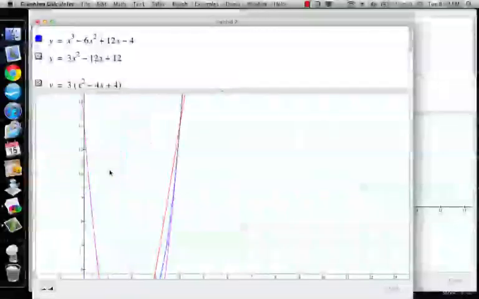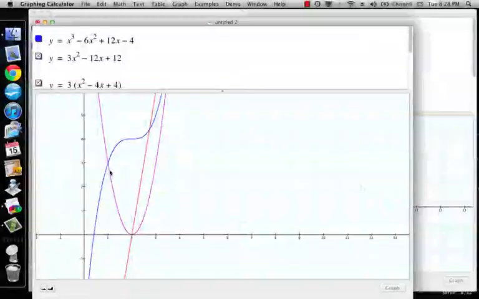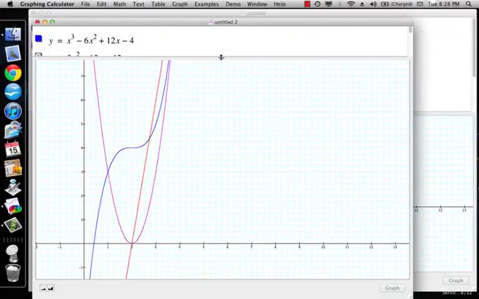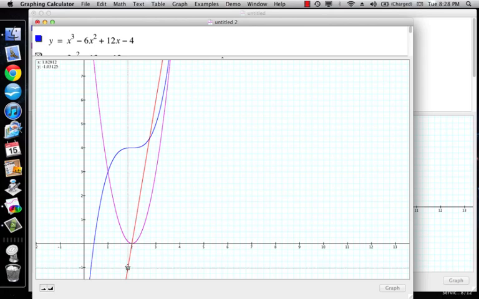Let's scroll back down and look at our function. The blue is our function, the pink is the derivative of the function, and the red is the second derivative. Where the red is negative, the blue line is frowny face, so it's curving down. Even though it's going up, it's curving down.